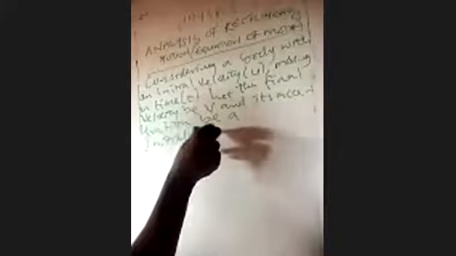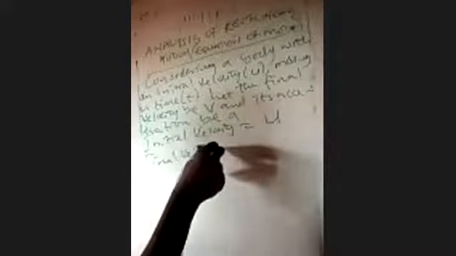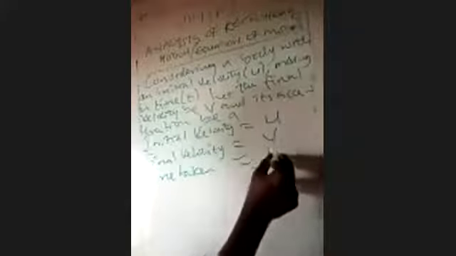Initial velocity is equal to u, final velocity is equal to v, and the time taken is equal to t. Now, let us start.